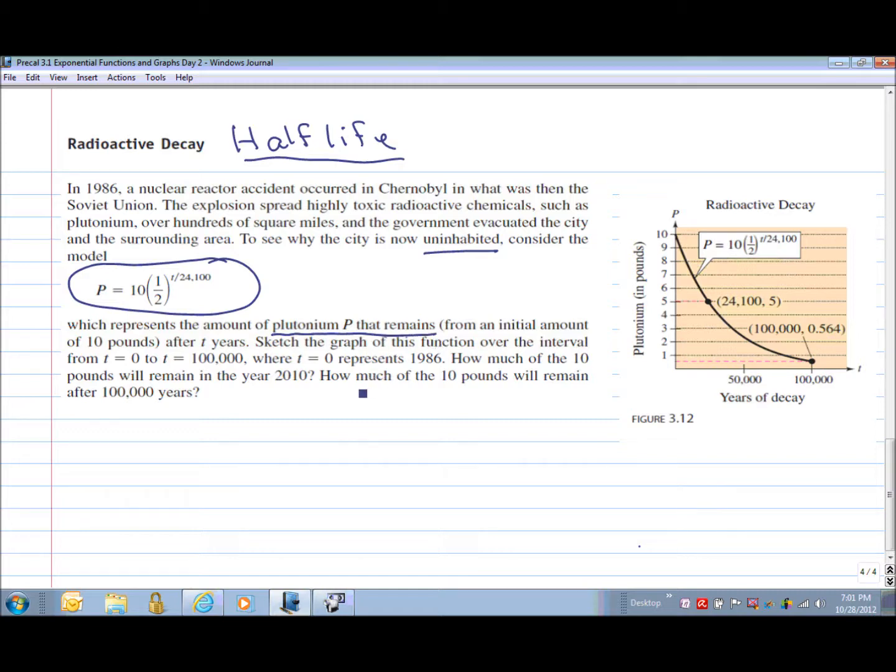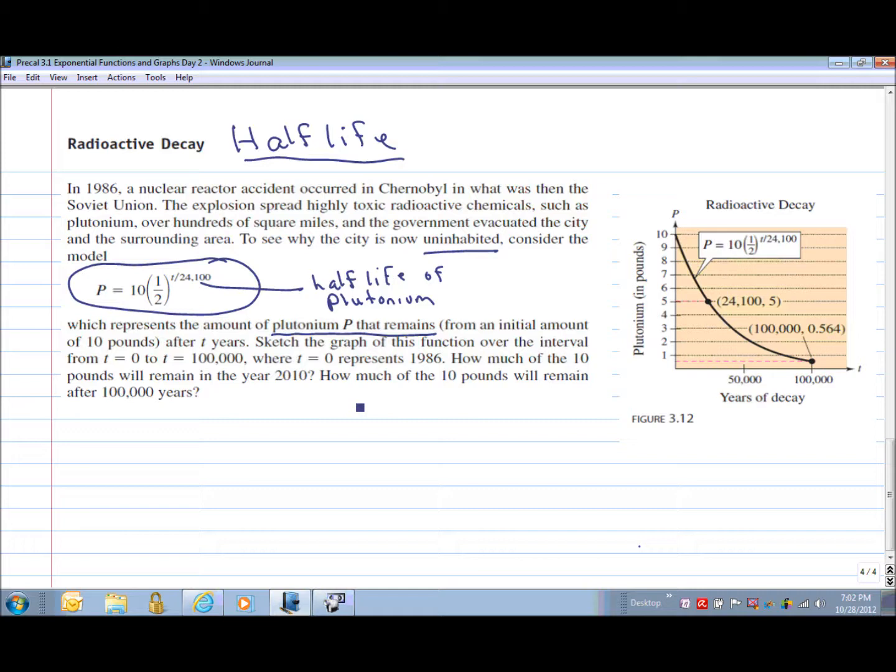Plutonium does have a half-life, and its half-life is actually 24,100 years. So that's the half-life of plutonium.